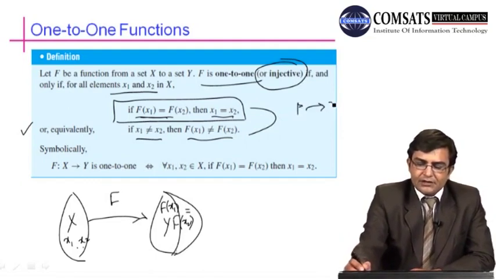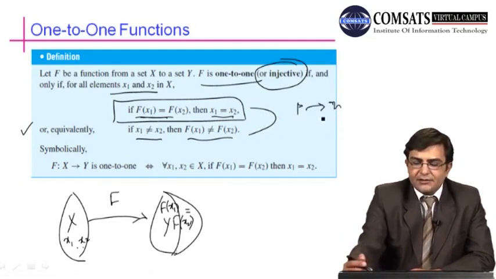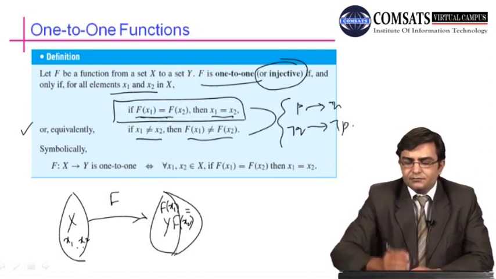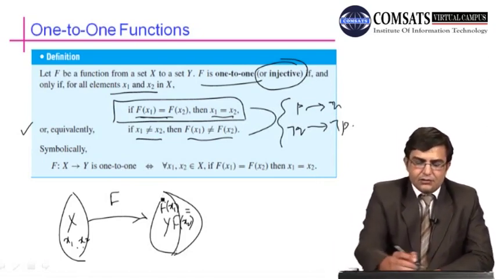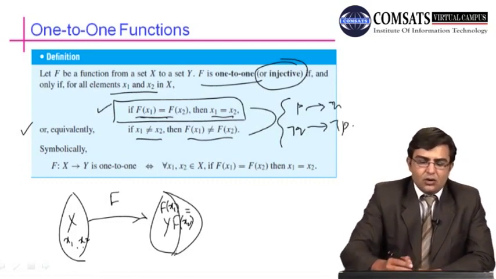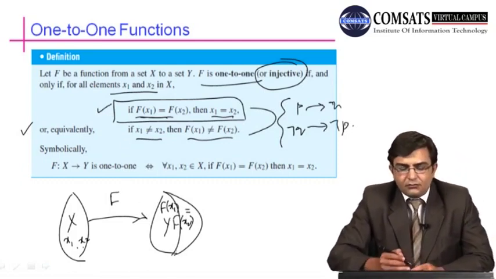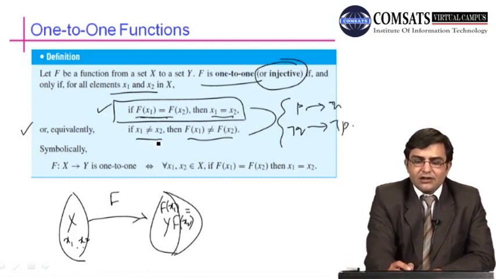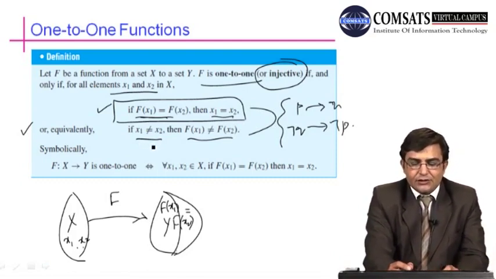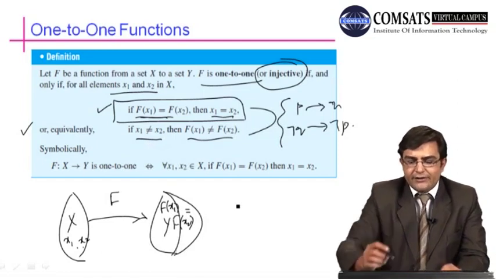As you know, for a conditional statement P implies Q, the contrapositive is not Q implies not P. So these two statements are logically equivalent, and either we check this or we check this. In the second statement, if x1 is not equal to x2, meaning there are two different elements of the domain, then their images are also different.